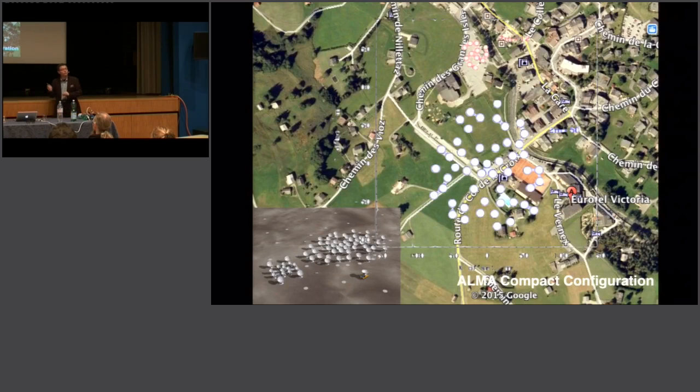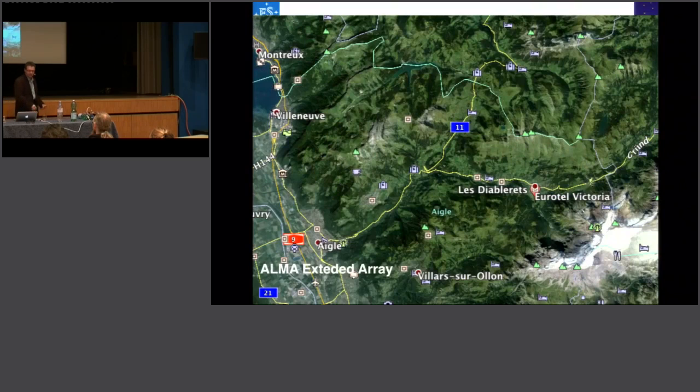And the angular resolution that we needed for that image is a factor of 100 higher than that, even more than 100 higher. So you basically have to go to a larger scale. And this is ALMA in the extended configuration, the 15-kilometer baselines, overplotted on the region here. So you can connect our hotel almost with Montreux on the shoreline of Lake Geneva, which is particularly interesting for the ones like me that are of the appropriate age to remember the Montreux rock festivals.